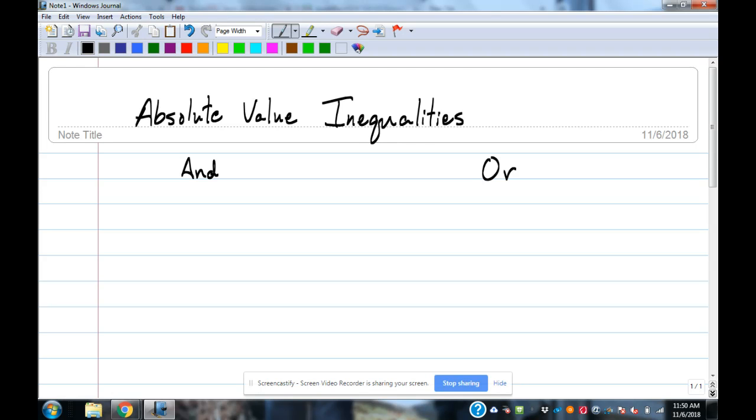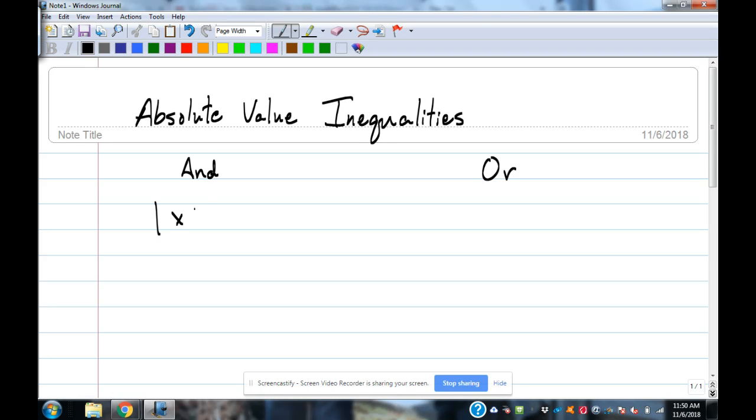What do we know about all the numbers to the left of 6? Are they less than or greater than 6? Less than. If they're to the left of 6, they're less than it. So an and problem is going to occur when we have a less than symbol.